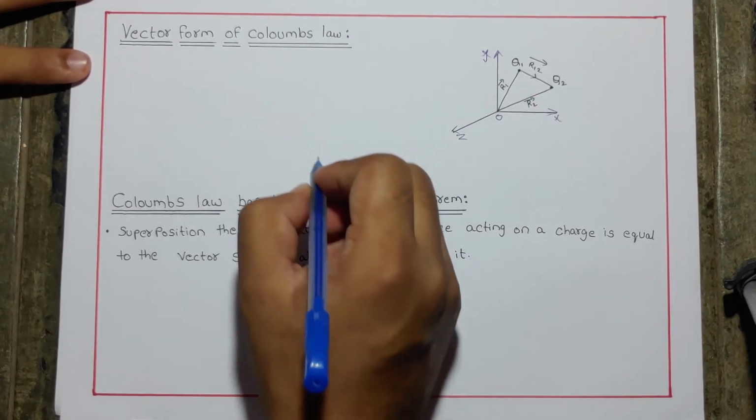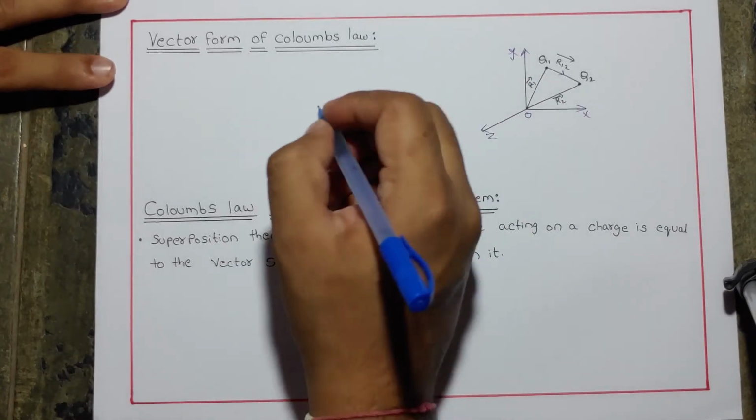Now let us find the vector form of Coulomb's law.